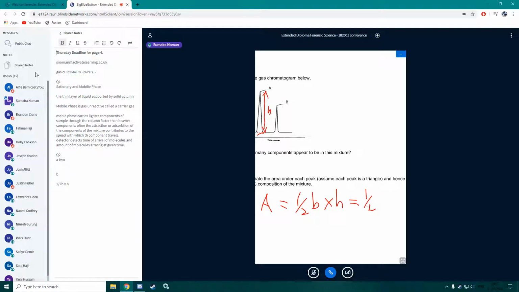So can anybody in the public chat tell me how wide the base is in millimeters? Okay, anybody got the pencil and ruler and calculator with them? If you've got your phone, you can use your calculator on your phone, but you might need a ruler.